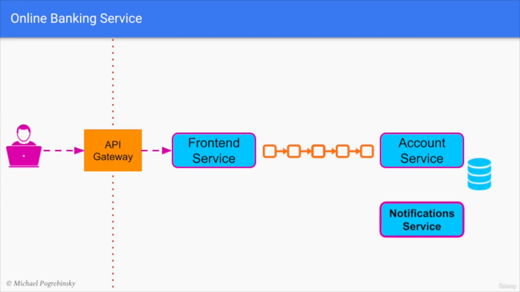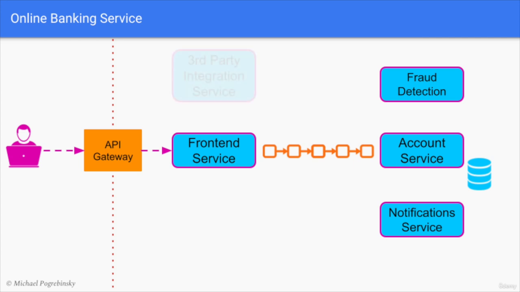Notice that adding the service was super easy and did not require us to make any changes to the front-end service. Later, we can just as easily add a fraud detection service, again without making any changes to the existing services. And similarly, we can add another producer service that can integrate with other third-party services.